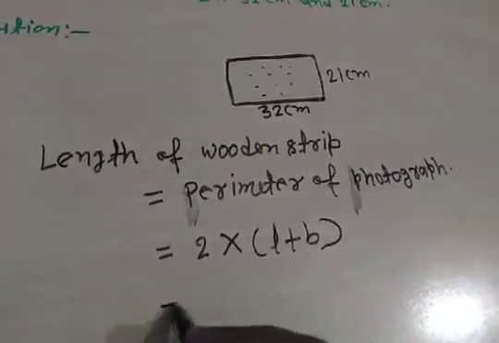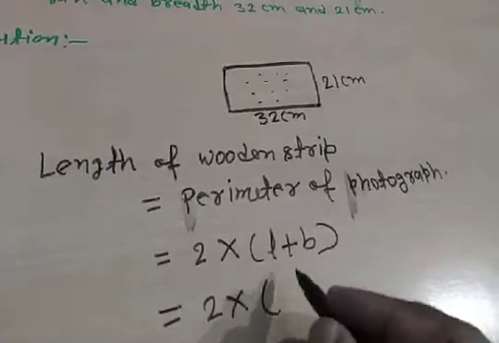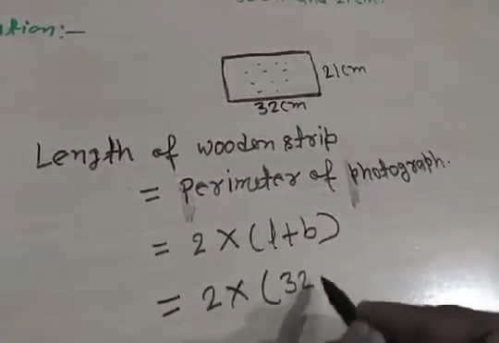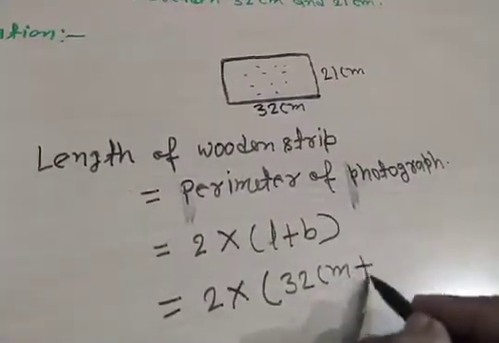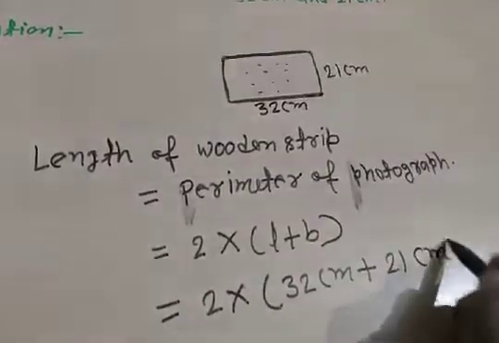Clear? So here, 2 into (length, which is given as 32 centimeters, you can see in this figure, plus the breadth, which is also given as 21 centimeters).